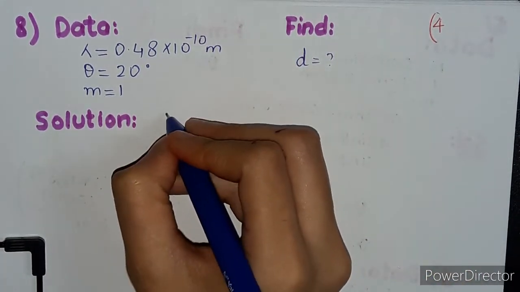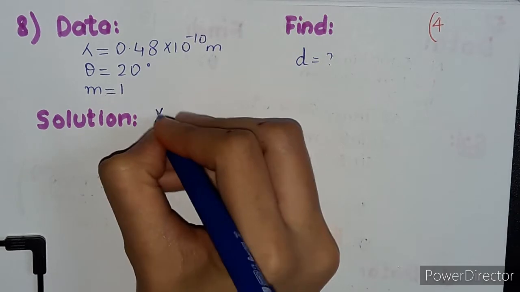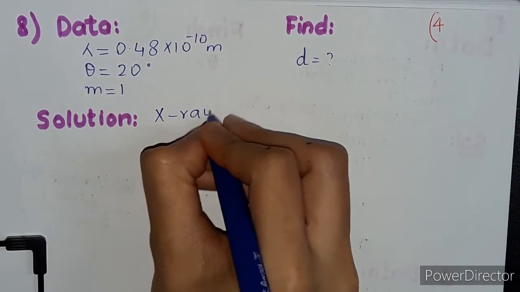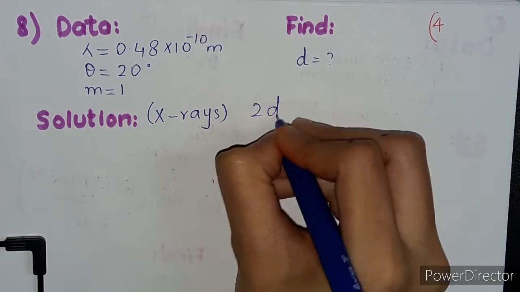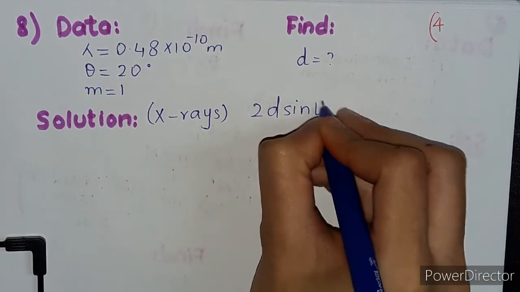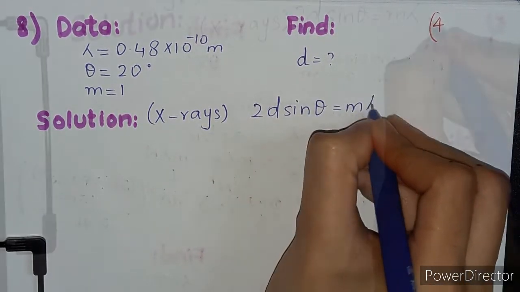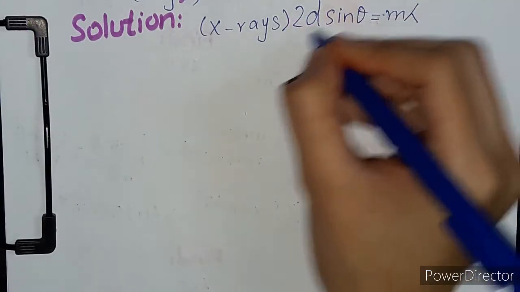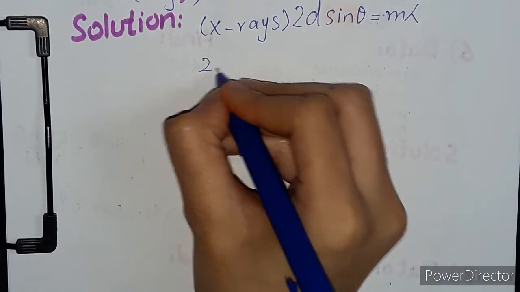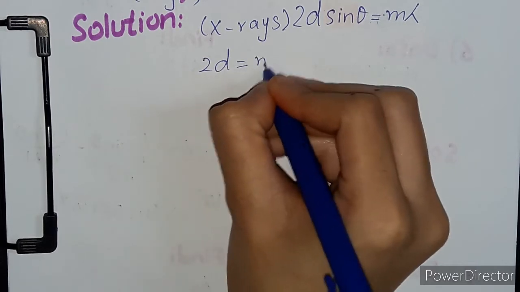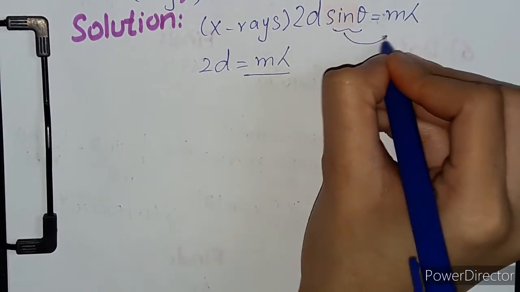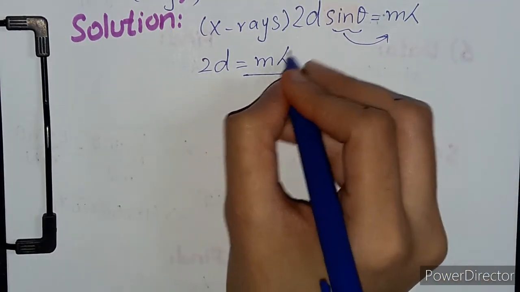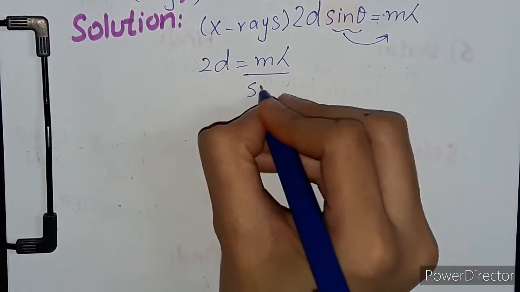I told you the formula for X-rays is 2d sine theta is equal to m lambda. To find the value of d, it will be like this: 2d is equal to m lambda divided by sine theta. Sine theta is multiplying here, it will go there and divide by this factor.